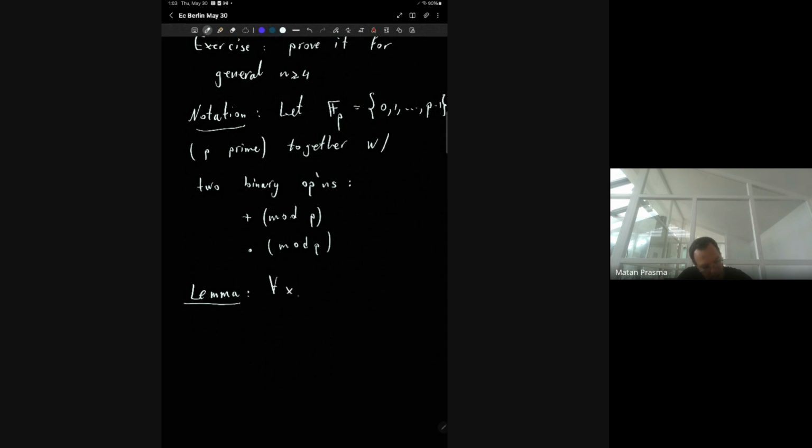For any x and y in FP, and for any natural number n, if you take x plus y to the power of p to the n, you get x to the p to the n plus y to the p to the n.